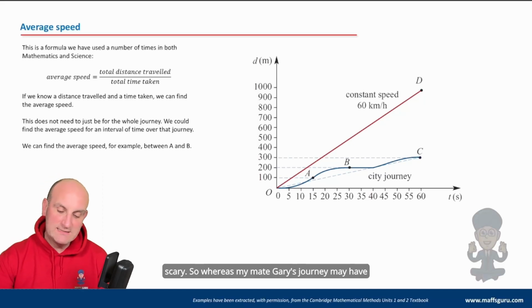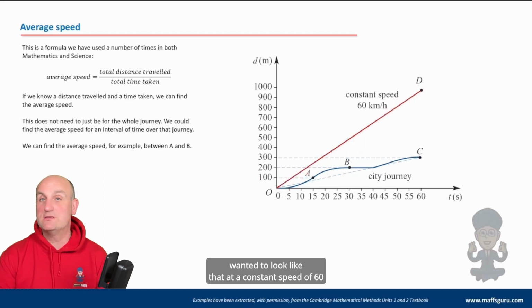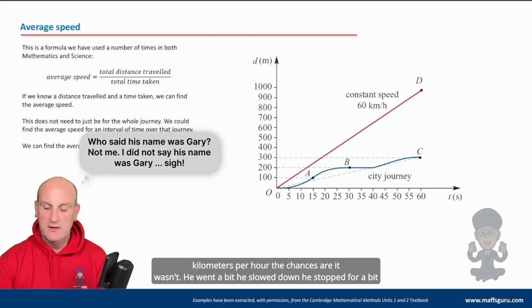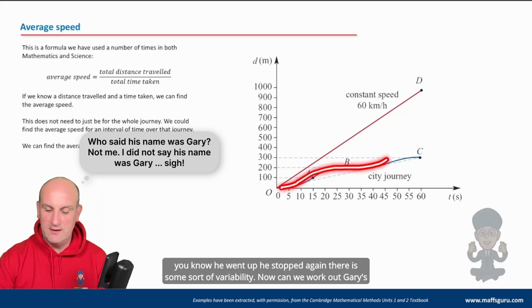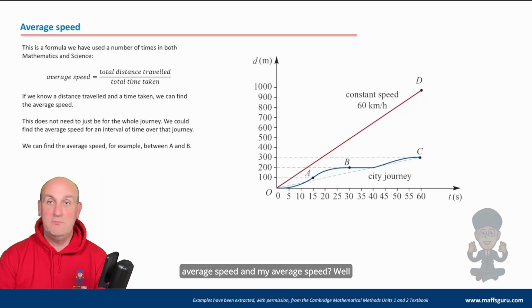So, whereas my mate Gary's journey may have wanted to look like that, a constant speed of 60 kilometers per hour, the chances are it wasn't. He slowed down, he stopped for a bit, he went up, he stopped again. There is some sort of variability. Now, can we work out Gary's average speed and my average speed?